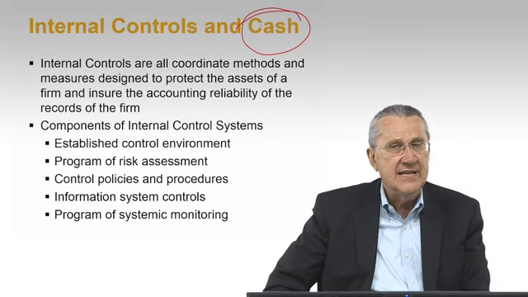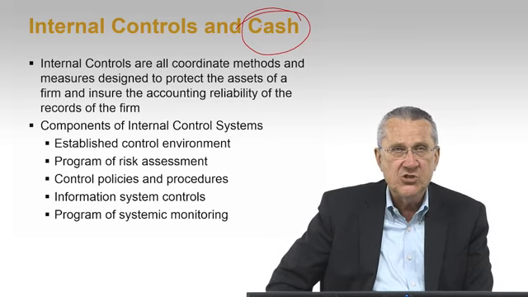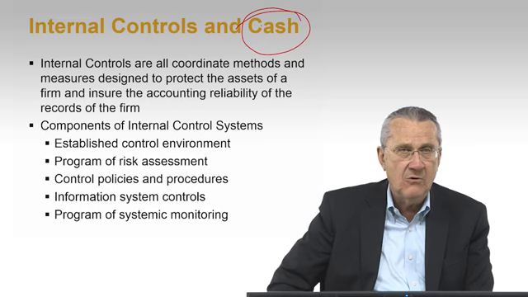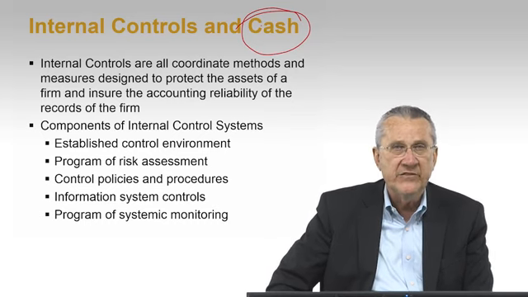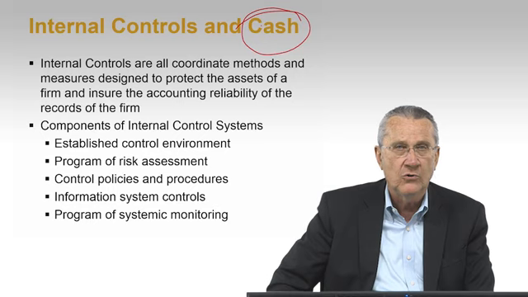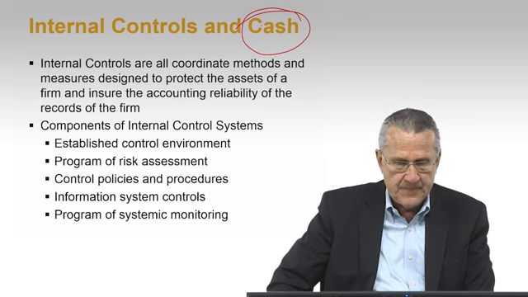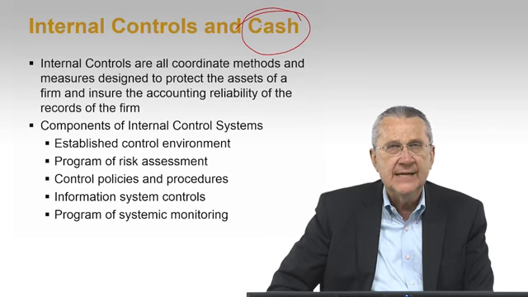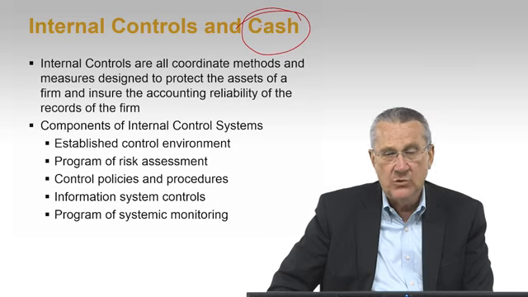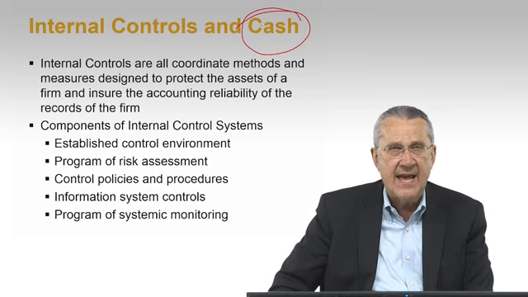And it would be very easy for a business's cash to find its way out the back door with employees and out the front door with our customers if we don't have a strong system of internal controls in place. And so most textbooks that talk about internal controls in the first course in accounting will do it here in the context of cash.